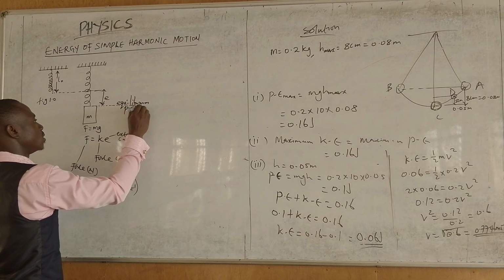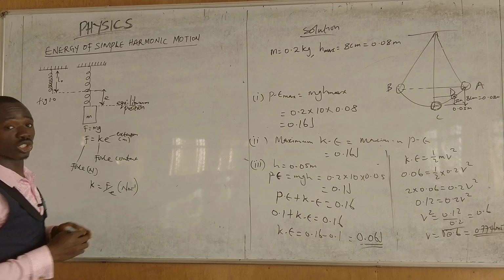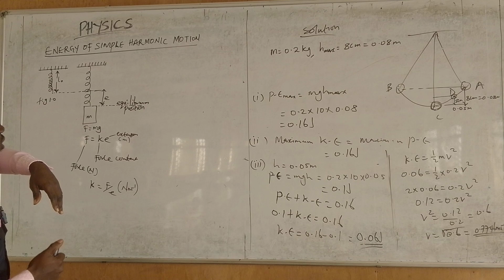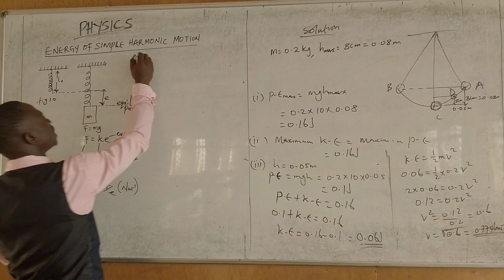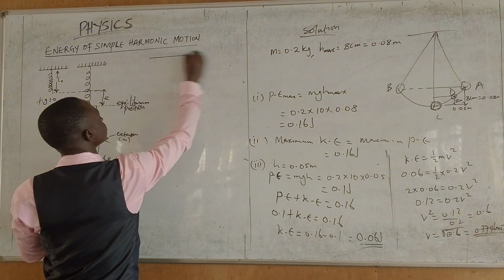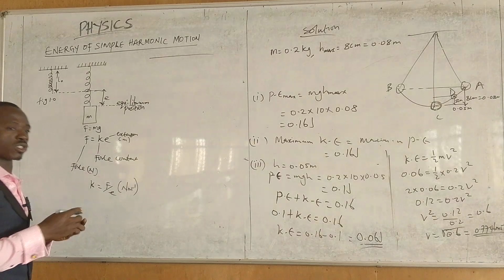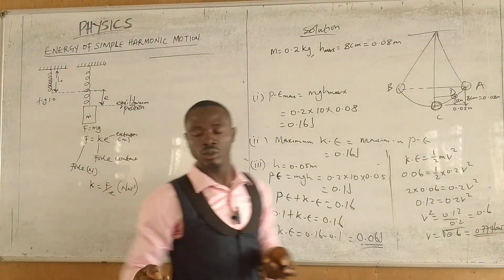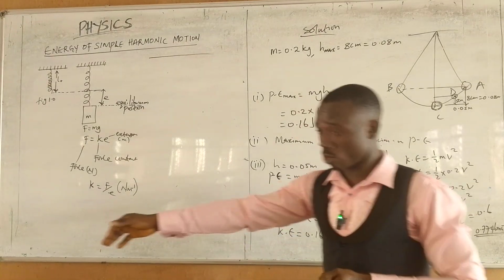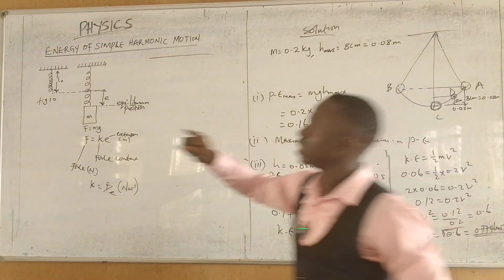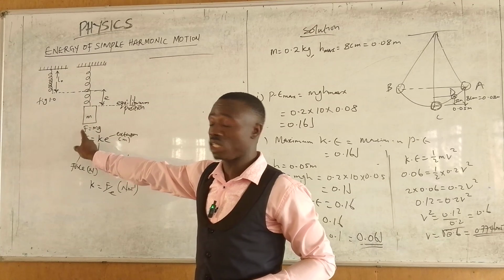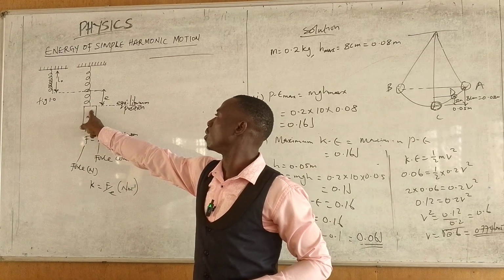When you are dealing with simple harmonic motion, you must always have the equilibrium position. Now, at this position again, I'll use my own force to draw down, just like when you displace a pendulum bob. When you displace it, you use your own force to displace it. Now, it is not my own force I use to displace this. It is the mass I place on it.